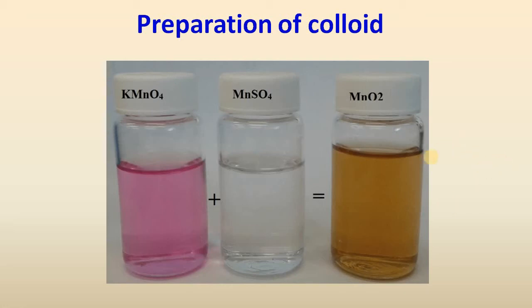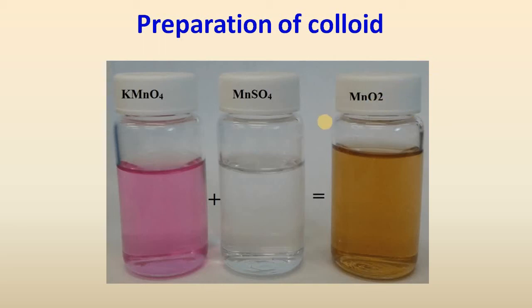Now, how can we prepare colloid? Simple. We can prepare colloid by the reduction of potassium permanganate solution using various reducing agents such as sodium thiosulfate, manganese sulfate and formic acid in neutral aqueous solution at room temperature.